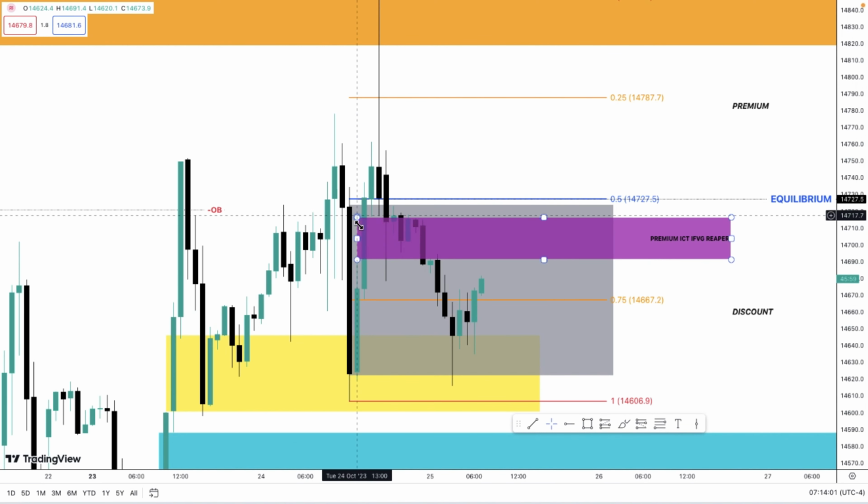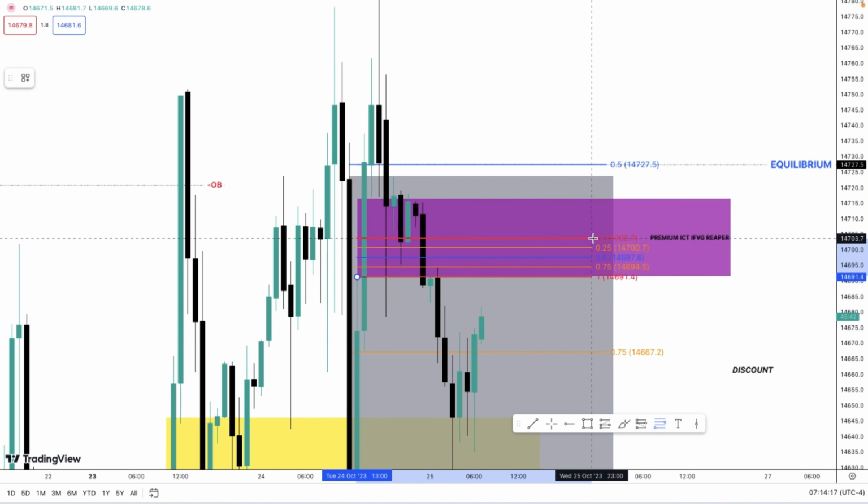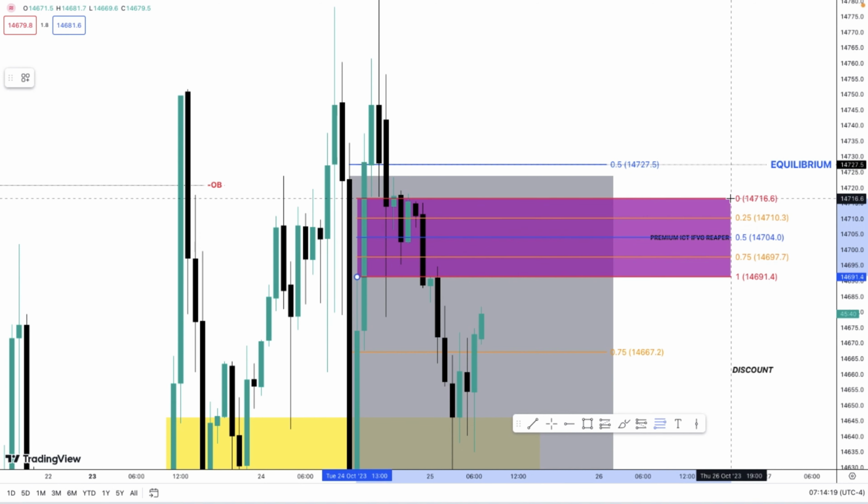So this inversion fair value gap is no more an inversion fair value gap. It's now moreover an ICT inversion fair value gap Reaper. What makes it a Reaper is that we are only interested in 5 specific points of this inversion fair value gap, 5 specific numbers on the Fibonacci.